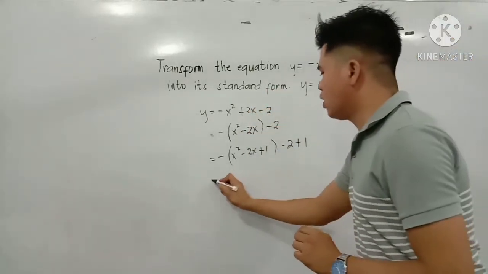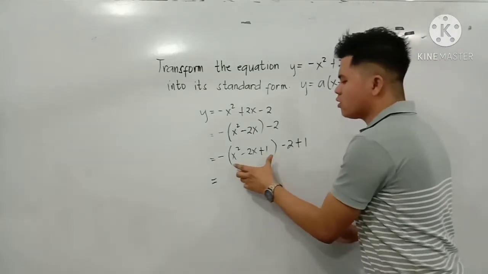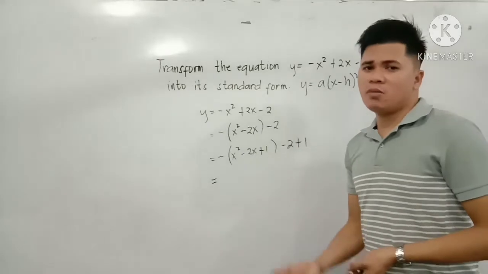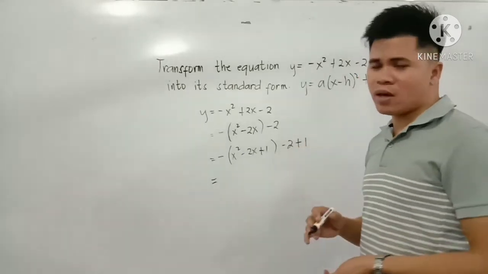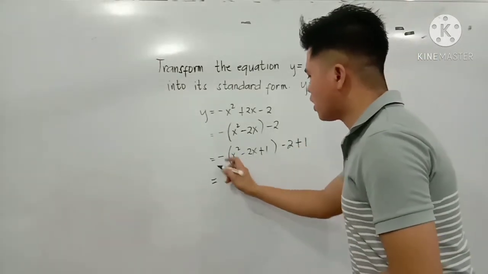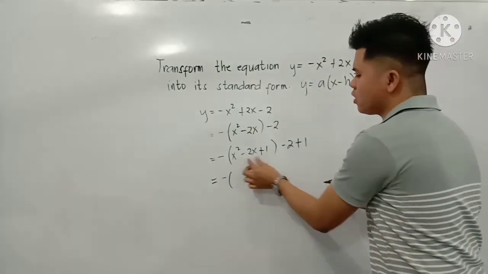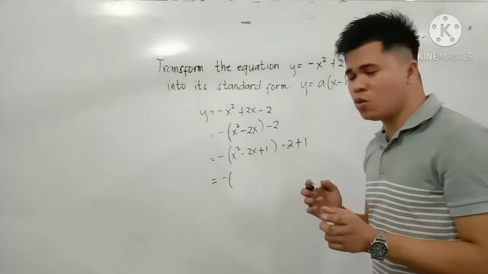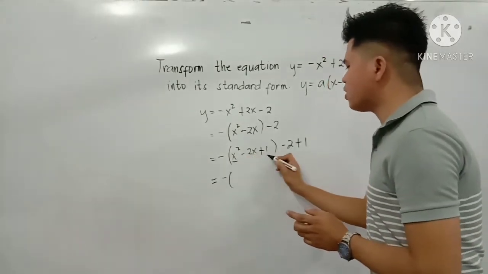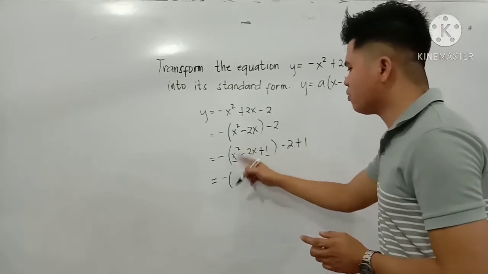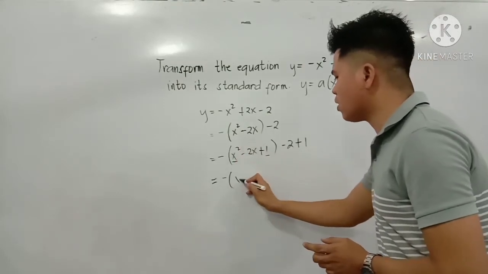Then, we have to write this perfect square trinomial into a perfect square binomial, or the square of the binomial. So, simply copy negative. Then, in order to write this into a perfect square binomial, we have to get the square root of the first term and last term. So the square root of the first term, x squared, is simply x.